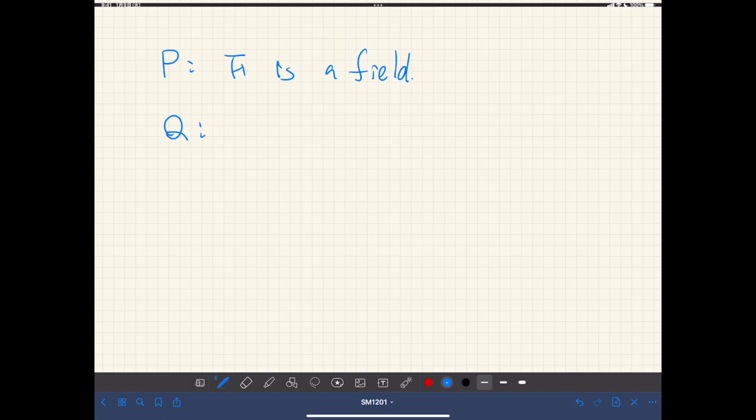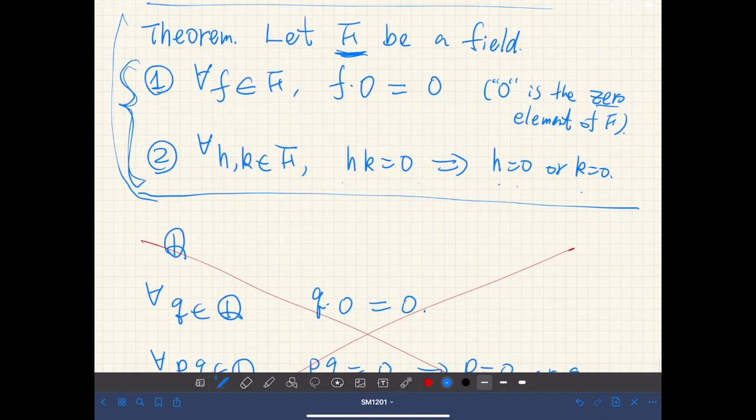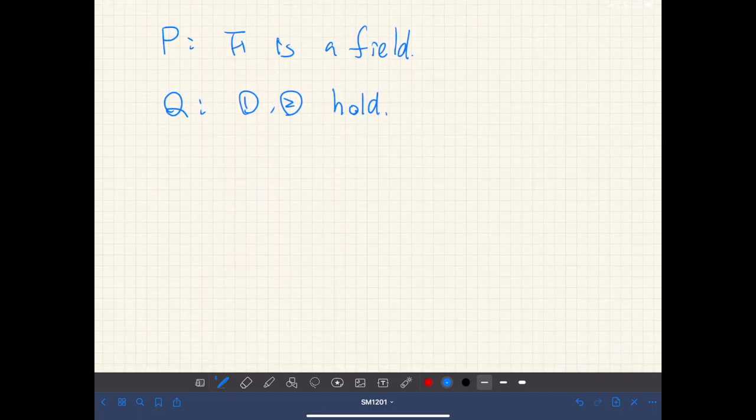And let Q be a logical proposition that 1 and 2 hold. 1 and 2 means these two conditions. Then the theorem says if P is true, then Q is true. But that does not mean if Q is true, then P is true.